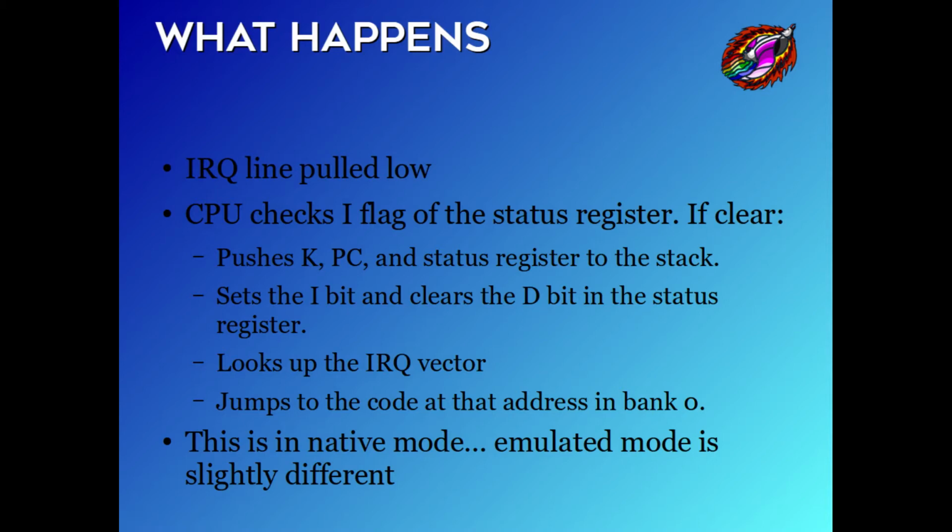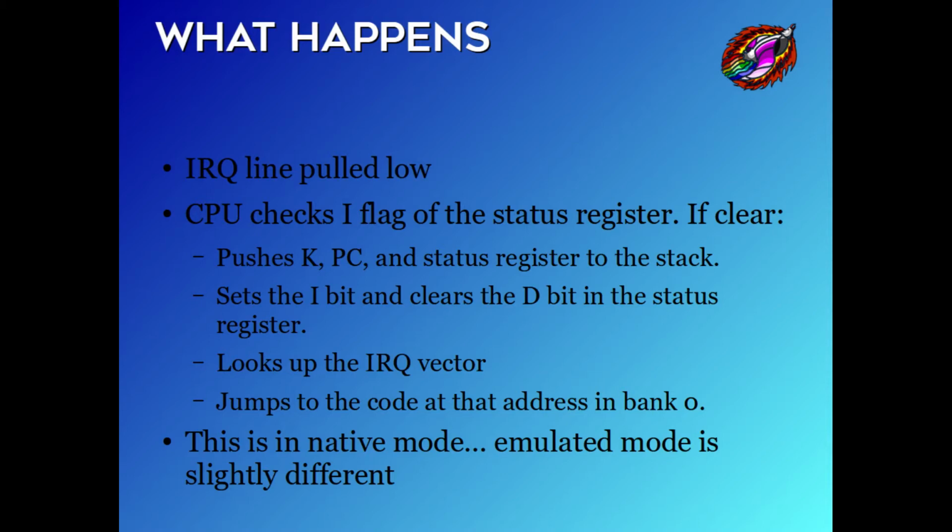Those are storing the basic state of whatever program is currently running when that interrupt comes in. Next, it will set the I bit, and it will clear the D bit in the status register. What that does is mask any further IRQs, and if the processor happened to be in decimal mode, it will go back to binary mode for additions and subtractions.